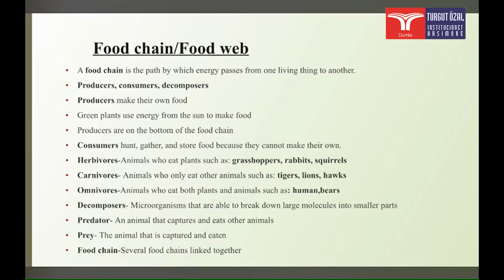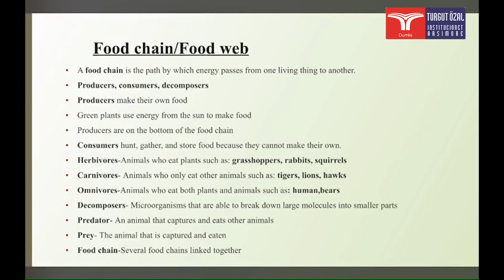their own food. We know three types of consumers: herbivores, carnivores, and omnivores. Herbivores are animals who eat only plants, such as grasshoppers, rabbits, and squirrels.